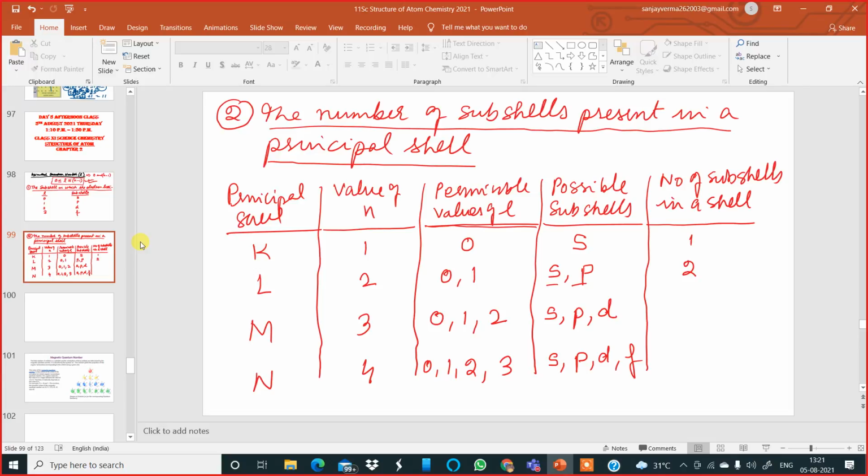Here it will be 3. Here it will be 4. These are the possible number of subshells present in a principal shell. So for n equal to 1 we have 1 subshell, for 2 we have 2, for 3 we have 3, for 4 we have 4. The possible subshells are s for 1, s and p for 2, s, p, d for 3, and s, p, d, f for 4. So this was the second information provided to us by the azimuthal quantum number.